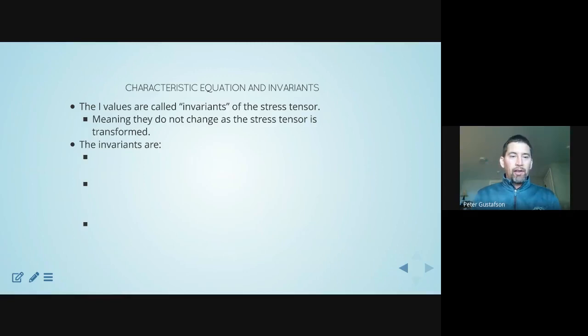Now I should mention what these I values are. The I values, we put the I in front of them because they're called invariants of the stress tensor. Okay, the characteristic equation doesn't change as the stress tensor is transformed. Now again, I want to make sure everybody's clear on what I'm saying.